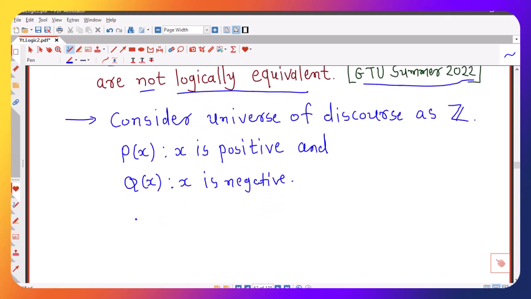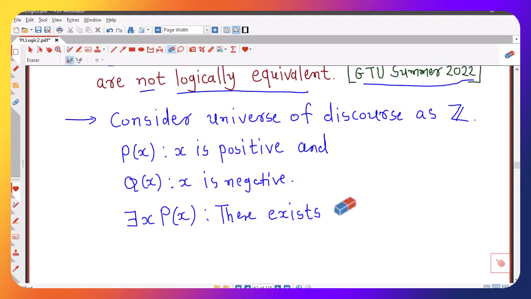So first we check whether this is true or not. There exists x p(x). What is the meaning of this? This means that there exists at least one x in this set of integers such that x is positive, and we know that this is always true.